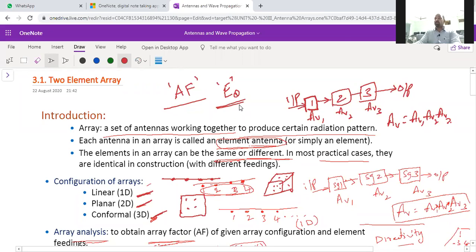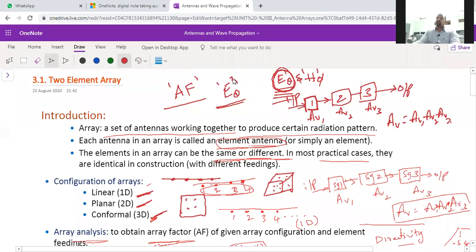Why E theta? Because, as I discussed in our previous chapter, in the far field region only E theta and H phi components will be present. We have drawn the radiation pattern, and we have determined the directivity, beam area, gain, effective aperture, whatever antenna parameters there are, by using the electric field component.